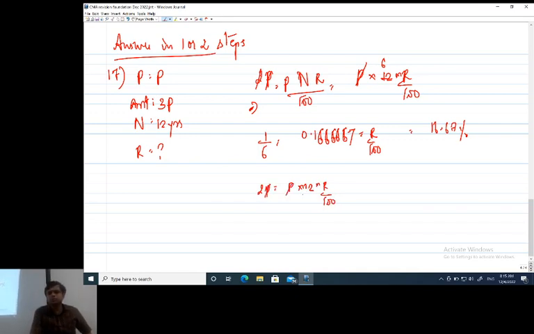P and 12 come to this side, so 2 by 12, and the 100 I bring to the other side. This is equal to R. Divide by 12. 1 12s are 12, 6 12s are 72, and so on and so forth. But you will have a decimal point here. So it goes 16.6666. So I took it as 16.67%.